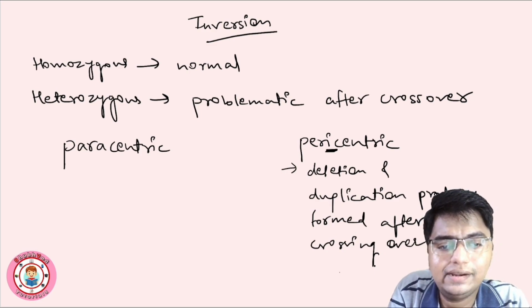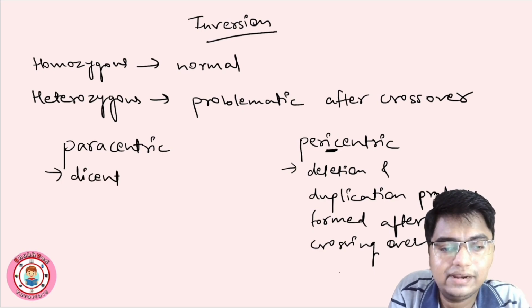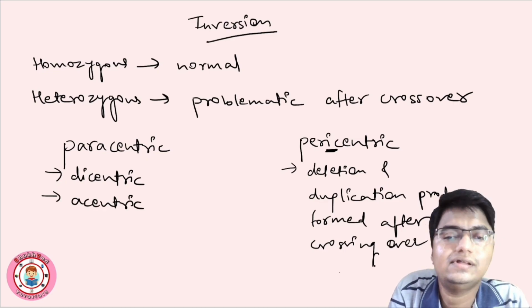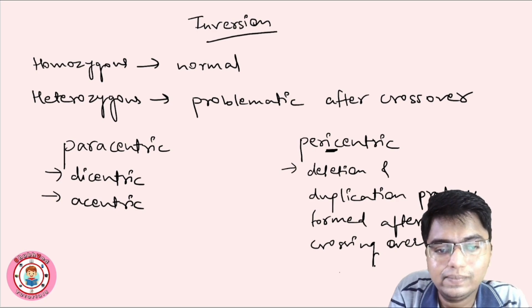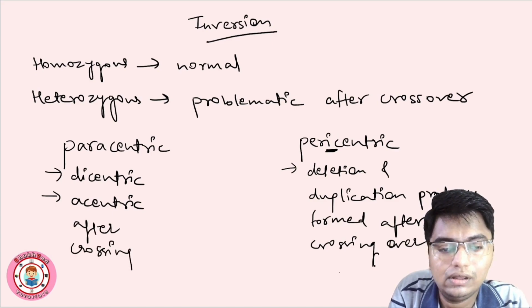And paracentric में just dicentric, acentric. This we have to remember. These are the highlights. Okay. Dicentric, acentric after crossing over only. Right. After crossing over.